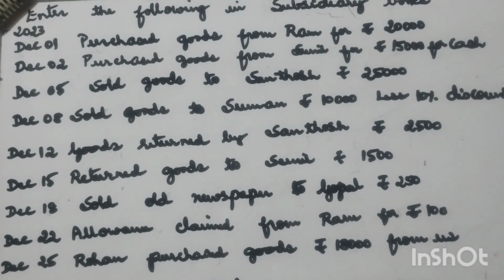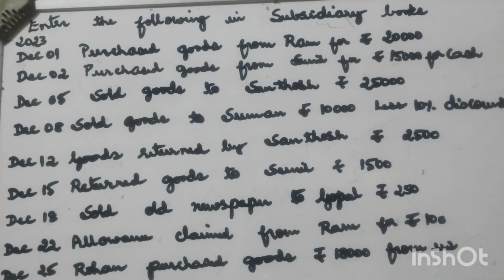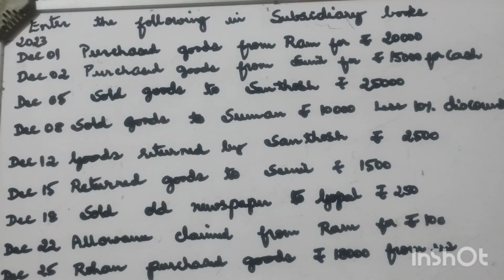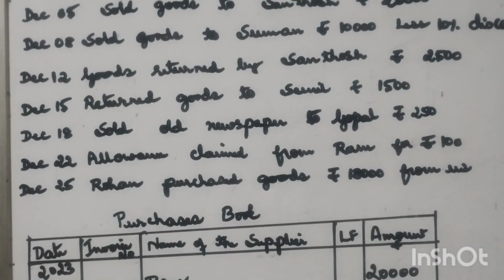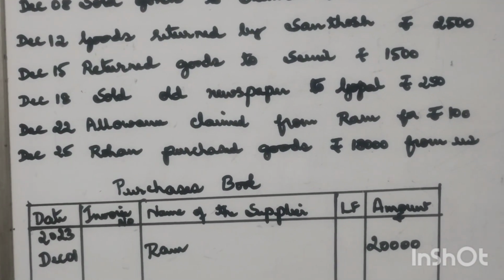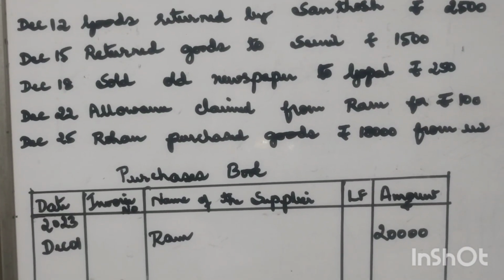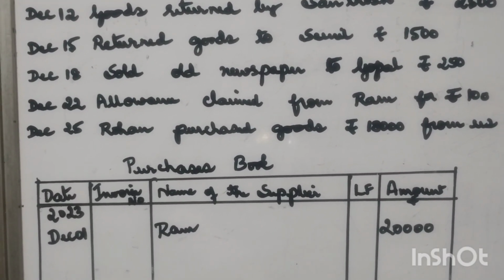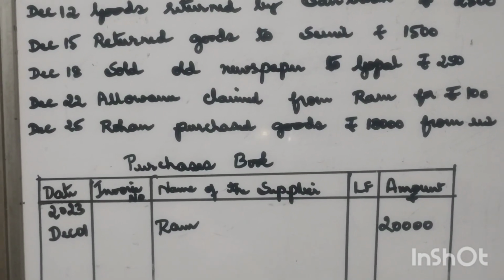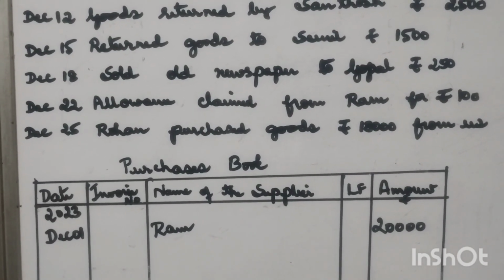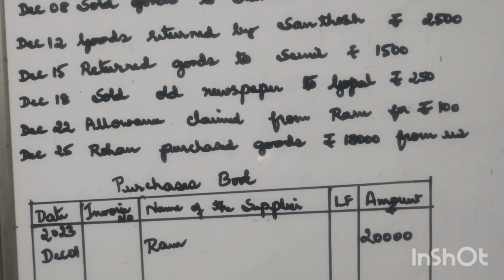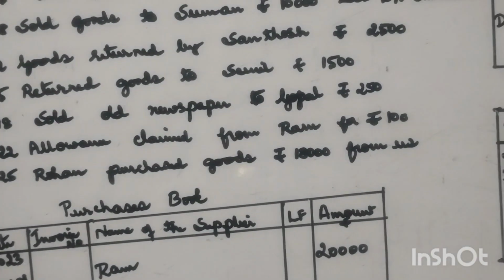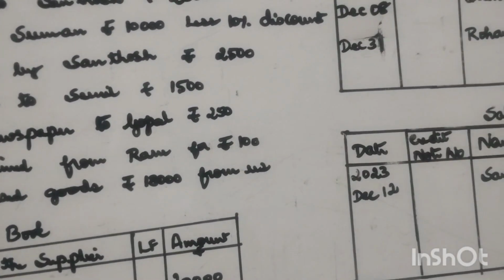Let's see the first transaction. Purchased goods from Ram for rupees 20,000. This transaction has to be recorded in purchase book. Record December 1st, 2023, Ram, worth rupees 20,000. December 2nd, purchased goods from Sunil for cash worth rupees 15,000.